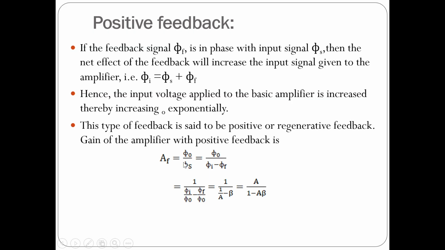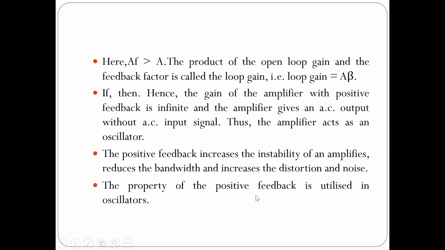So the positive feedback amplifier gain AF is equal to A divided by 1 minus A beta. Hence AF is greater than A. The product of the open loop gain and the feedback factor is called loop gain, so loop gain is equal to A beta.